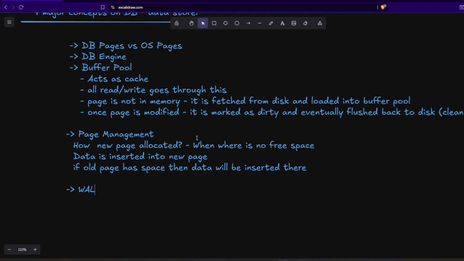Then of course the WAL. The WAL is nothing but, before modifying the actual DB, the engine writes a log record to this write ahead log, or WAL. And why is it required? To ensure that it is durable.